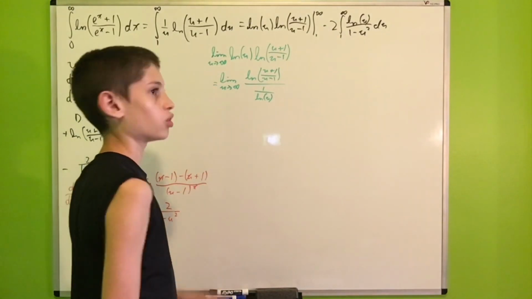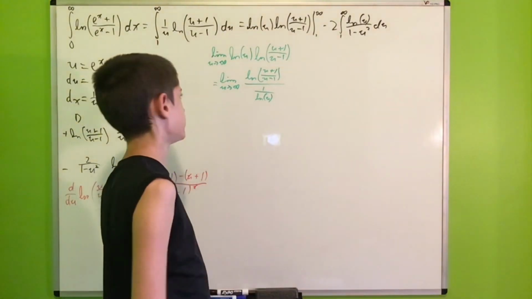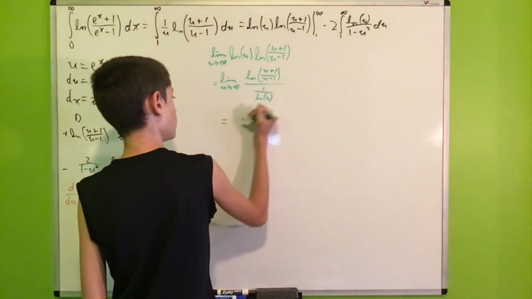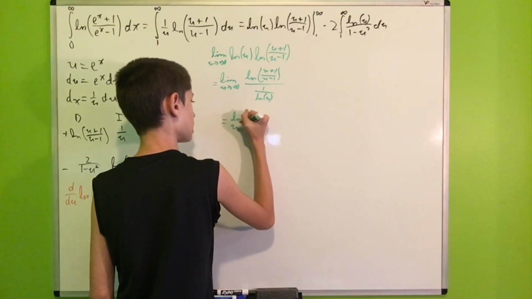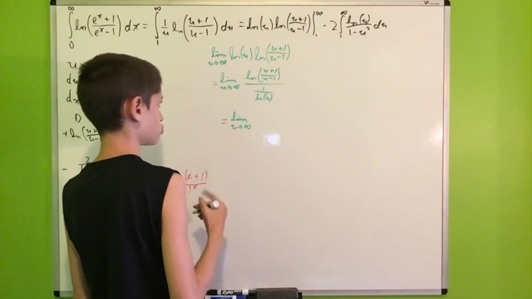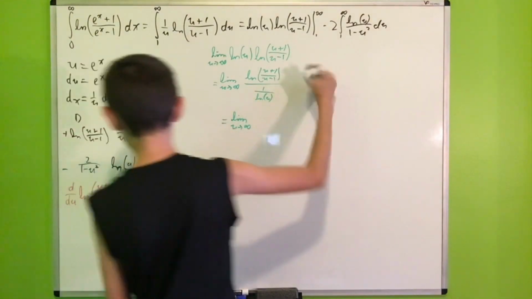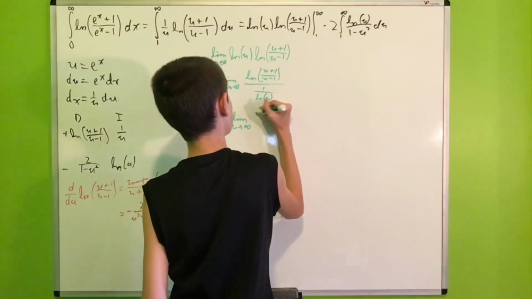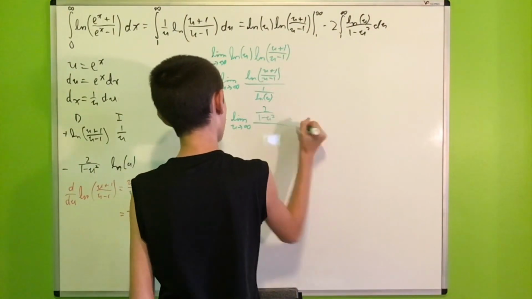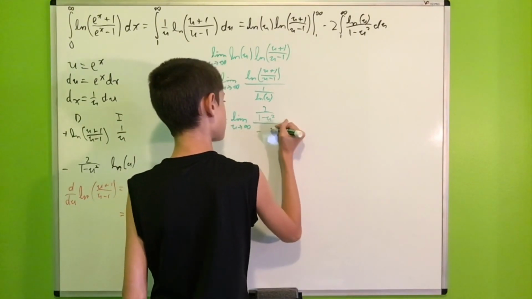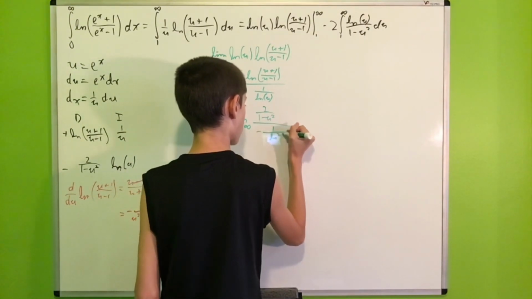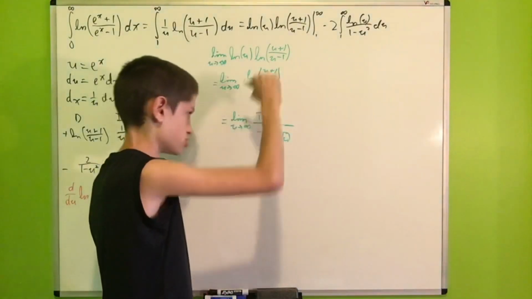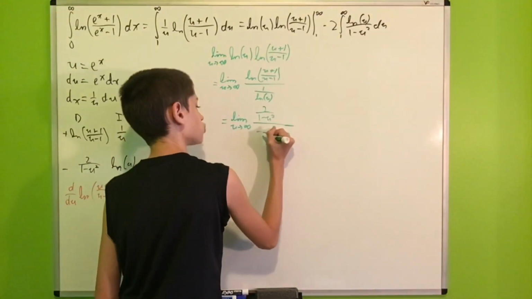Natural log of u goes to infinity as u goes to infinity. 1 over infinity is just 0, so we get a 0 over 0 situation, which means we can use L'Hopital's rule. So we'll get the limit as u goes to infinity. The derivative of this, we have already evaluated right there. This is just 2 over 1 minus u squared, all over minus 1 over natural log squared of u, because of the derivative of 1 over x, using the chain rule, times 1 over u.